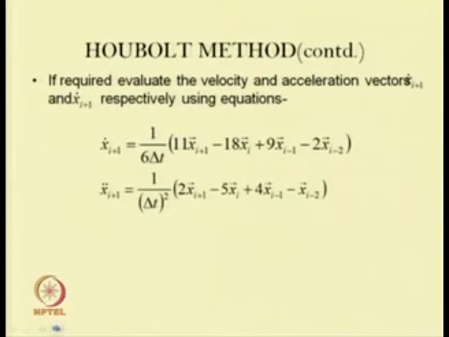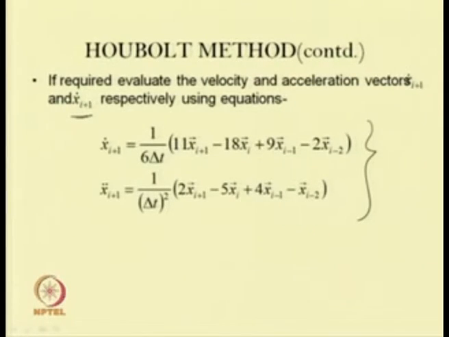So, in this way one can obtain this expression for displacement at x I plus 1. Here, if required, evaluate the velocity and acceleration vector at t I plus 1. So, this is the velocity, and this is the acceleration.